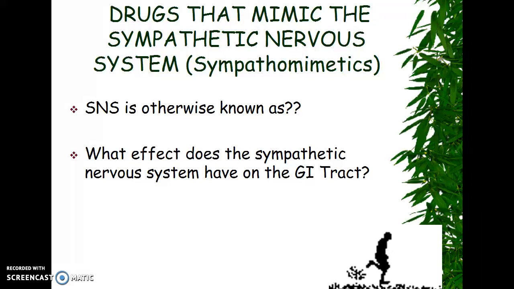We're going to shunt the blood away from the GI tract. We're going to make it be more still, and we're going to focus on being able to run away or fight an animal. So drugs that stimulate the sympathetic nervous system are called sympathomimetics. Again, that suffix of mimetics, mimicking.